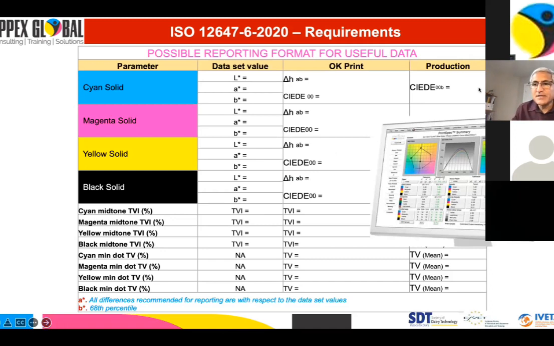So on the screen here, this software that we're showing has, if you look closely, green and red numbers. And then overall, there would be a yes or no. There are many systems that are part of ESCO, Heidelberg, Fujifilm, or separate standalone monitoring systems from X-Rite, etc. But they'll all have this predetermined 12647 reporting template, which will automatically have these boxes and these tolerances.